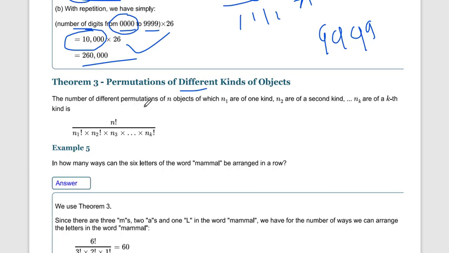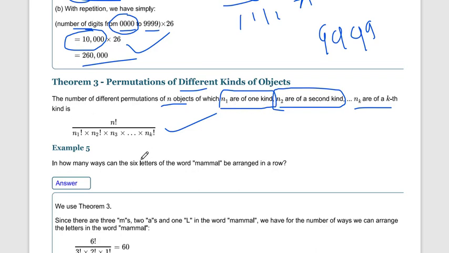The number of different permutations of n objects, of which n1 are of one kind, n2 are of the second kind, and so on up to nk of the kth kind, is n factorial upon n1 factorial into n2 factorial into n3 factorial up to nk factorial. Let's see an example so you get a better idea of how this works.